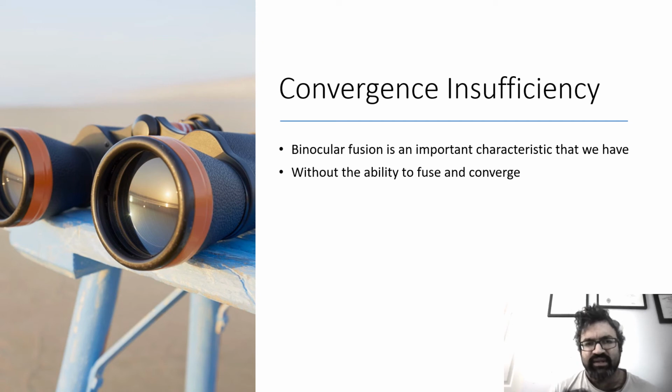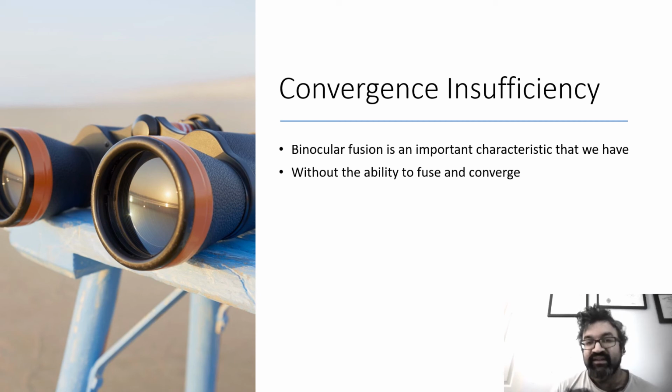There's a final type of condition I want to go over, which you don't necessarily hear about too much, and that's called convergence insufficiency. What is interesting about human vision is that people don't think about how our vision is coordinated between two eyes, because technically we have two sources of vision.